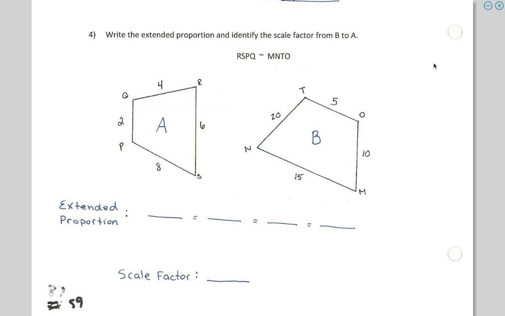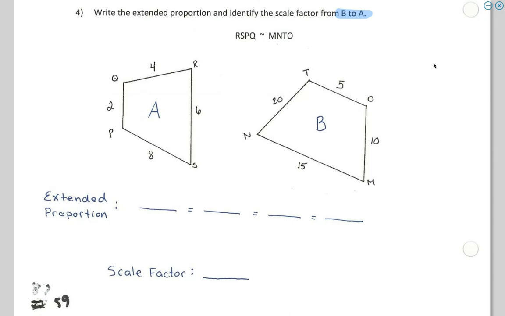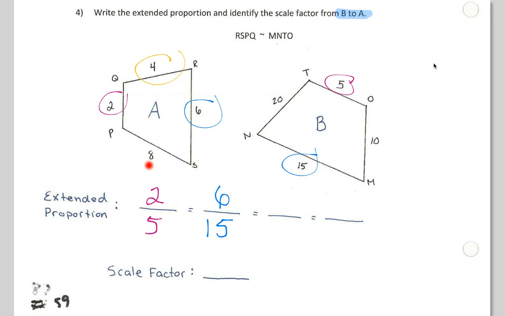Write the extended proportion and identify the scale factor from B to A. So extended proportion means 2 goes with 5, 6 goes with 15, 4 goes with, well, 4 is smaller than 8, so 4 must go with 10.